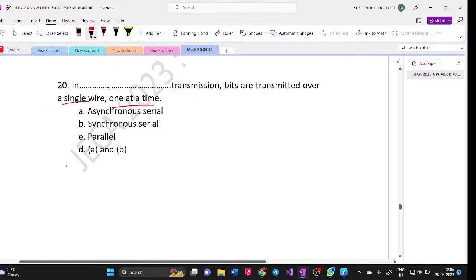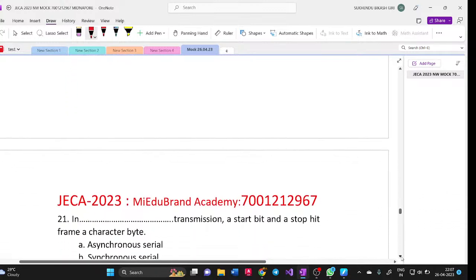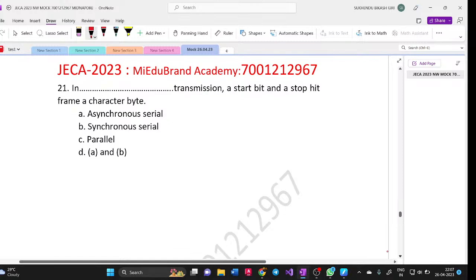Yeah, the right answer is option D. That means serial transmission. Serial has two classifications, and both are under serial transmission. So options A and B are correct, and the right answer is option D. Question number 21.